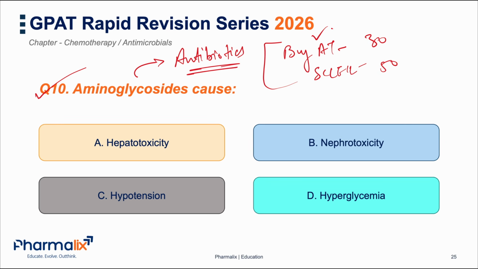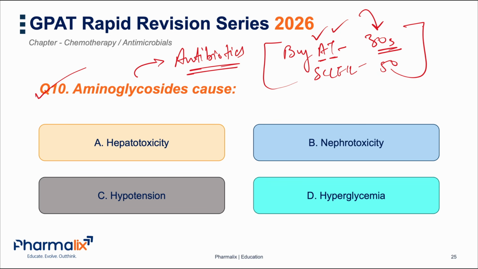So this AT means aminoglycosides and tetracyclines. They basically bind to the 30S part of the ribosome and inhibit the bacteria. So basically they inhibit the bacterial growth process, so they are bacteriostatic in nature.